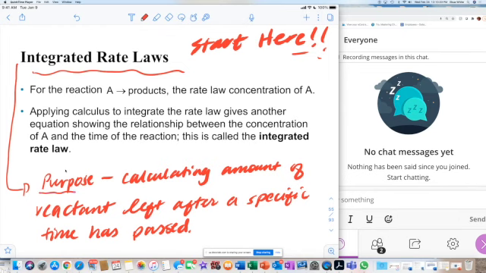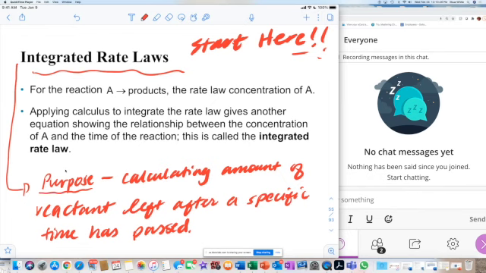Bottom line, the purpose here is to figure out how much of the reactant is left over at a specific time that has passed. We use this in medicine, in nuclear chemistry, and in other areas of science.